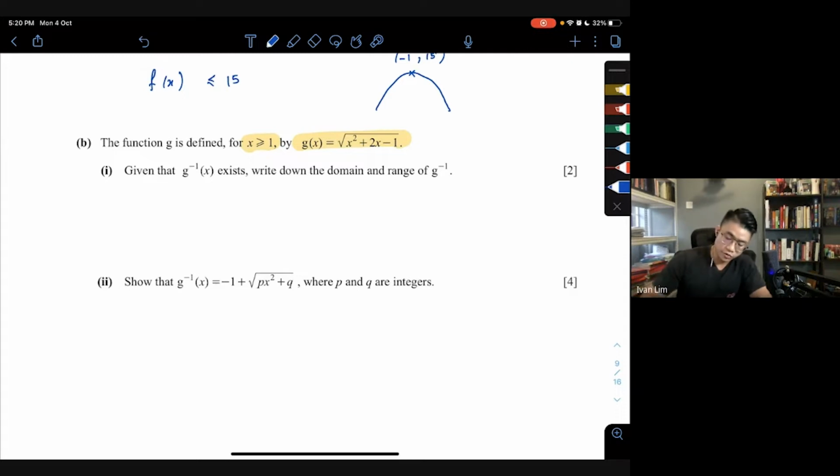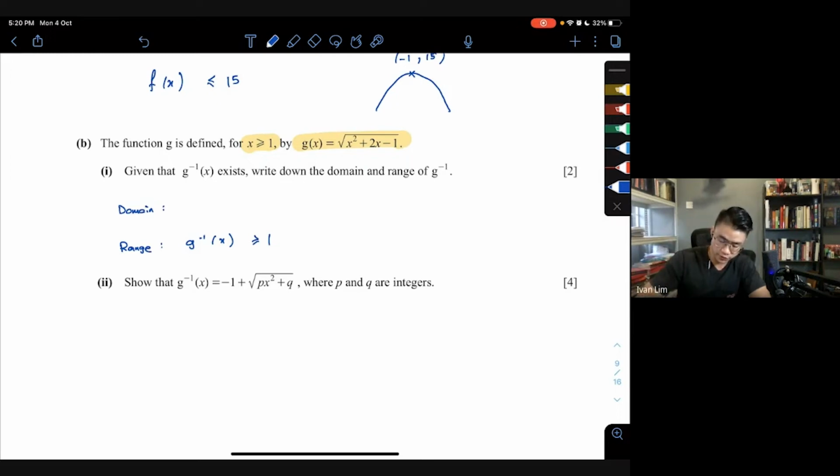We know that the original domain for g(x) is x more than or equal to 1. So it will be the range of the inverse because x will become y and y will become x. You can write g inverse, or y more than or equal to 1. For the domain, you have to find the range of your original g(x), right?